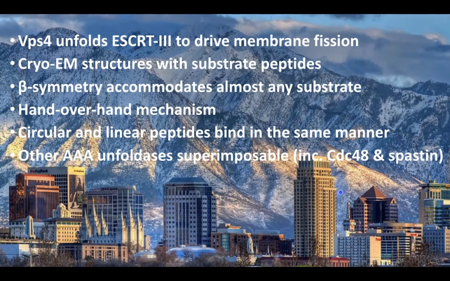It also implies a hand-over-hand mechanism of translocation. We saw that circular and linear peptides bind in the same manner, and this gives ideas as to how more complex substrates might be translocated. And I'll also emphasize that other AAA unfoldases from our lab that I haven't told you about and from lots of other labs are superimposable.